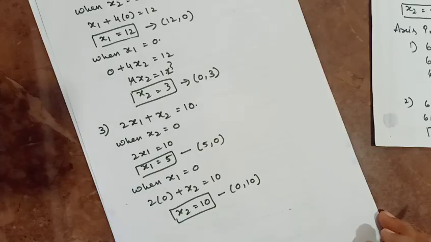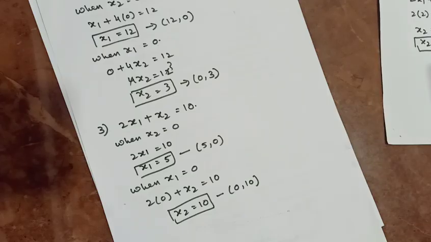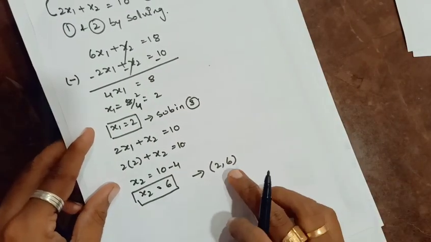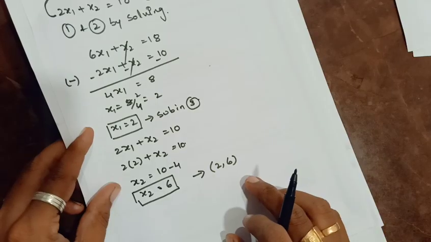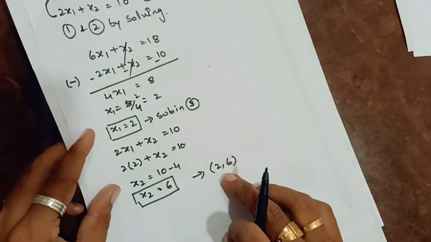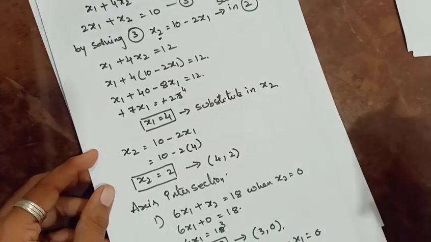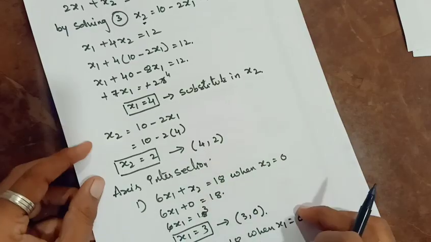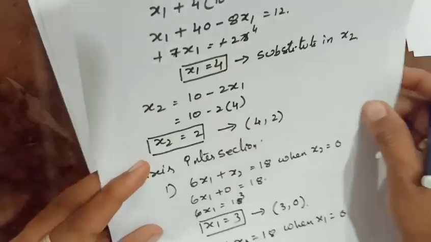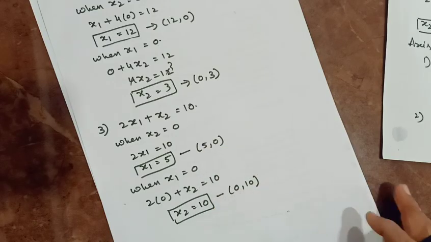See, how many coordinates we got? Let us observe. To identify and evaluate the corner points, we have these coordinates: first 2, 6, and here 4, 2, and here 3, 0, 0, 18, 12, 0, 0, 3, 5, 0, 0, 10.